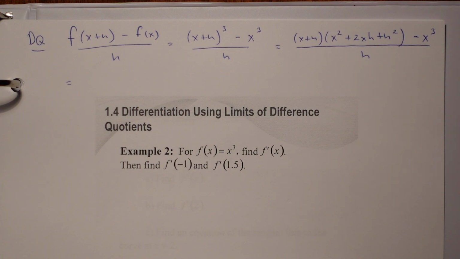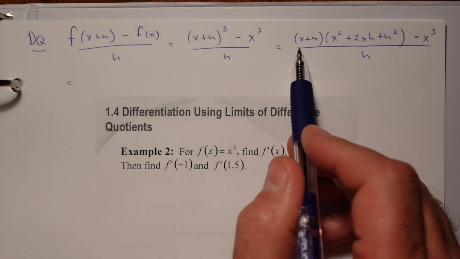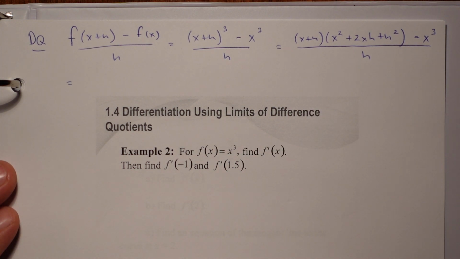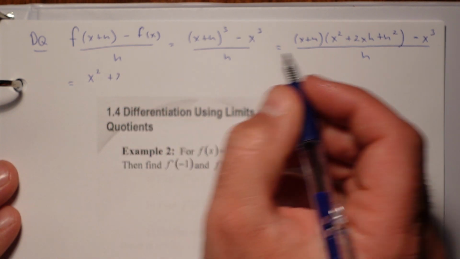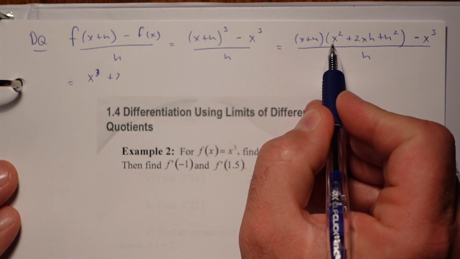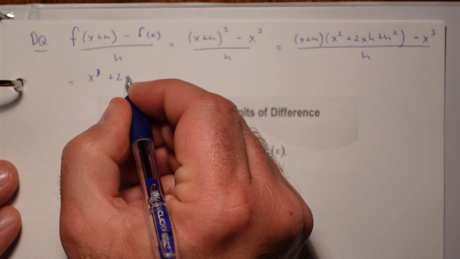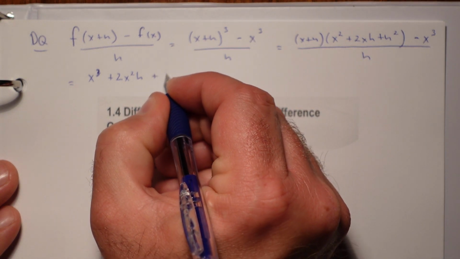Next, let's multiply our binomial with the trinomial. That starts by distributing the x. When you distribute your x, you're going to have x cubed, rather. Let me correct that. You've got x cubed here, and then plus 2x squared h plus xh squared.